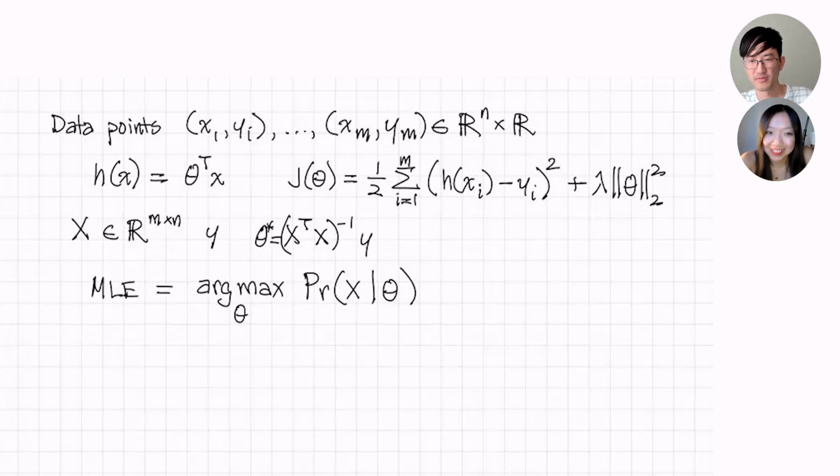Okay. So that usually requires a couple of conditions, though. Under what conditions is the theta that's derived in least squares regression the MLE?